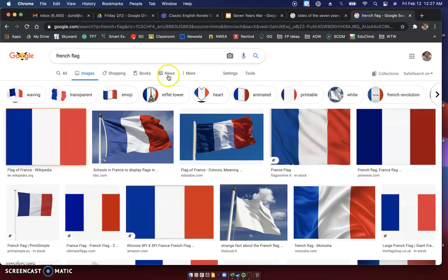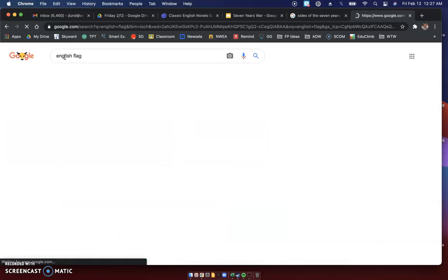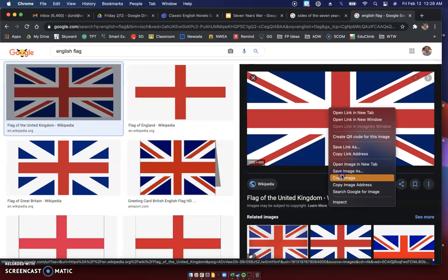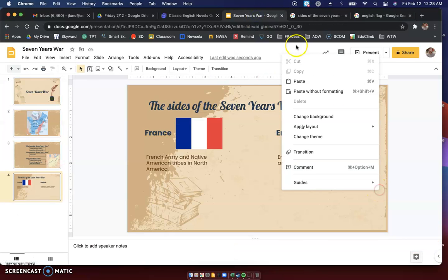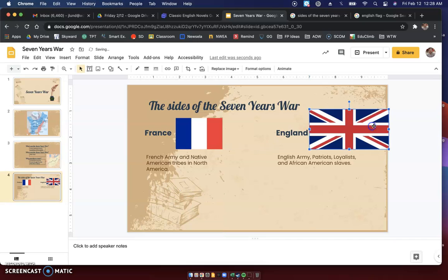France, and then the English flag. The United Kingdom, Britain, remember those are all very similar. Those are the same thing. Really for everything that we're learning. Okay, so then here is the English flag.